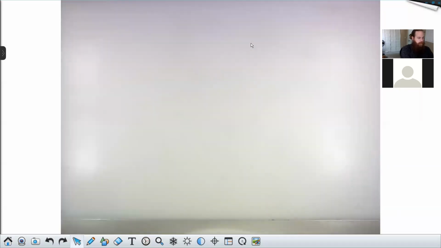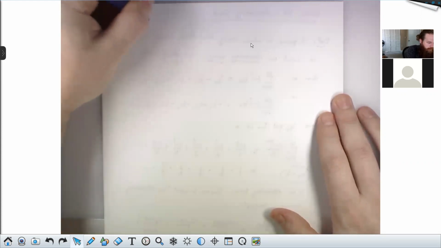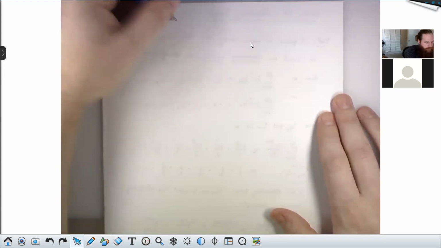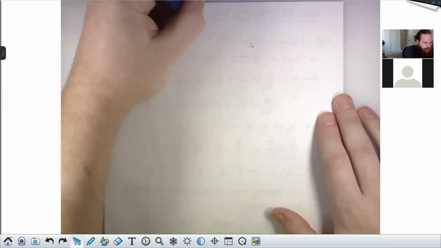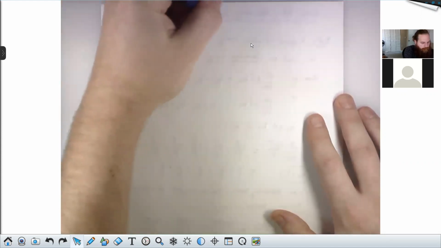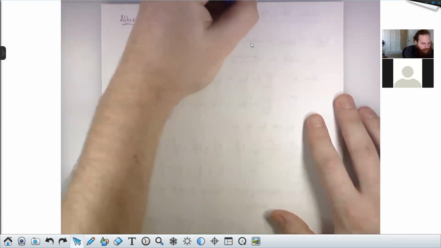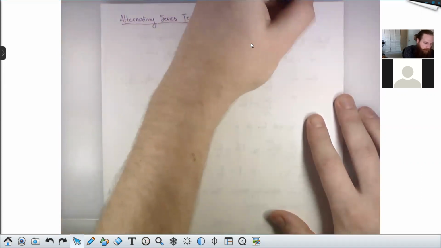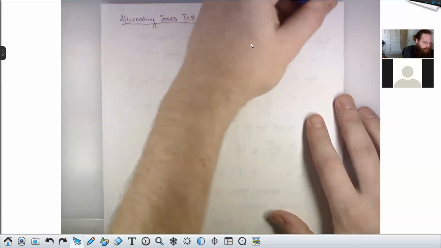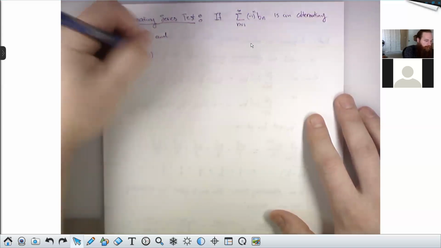The new convergence test here is called the alternating series test. We're not very clever when we name things. And the good news is this is one of the easier tests to use. So this says if sigma n from wherever to infinity, negative 1 to the n bn, or whatever, is an alternating series, and you need two things.